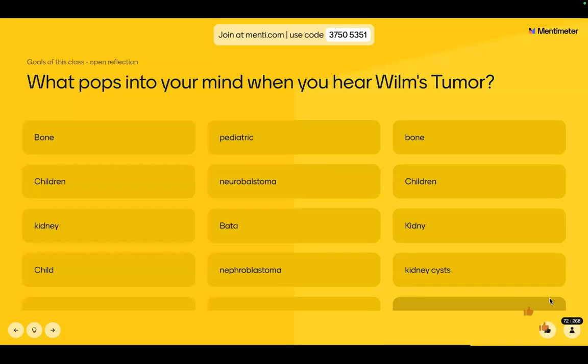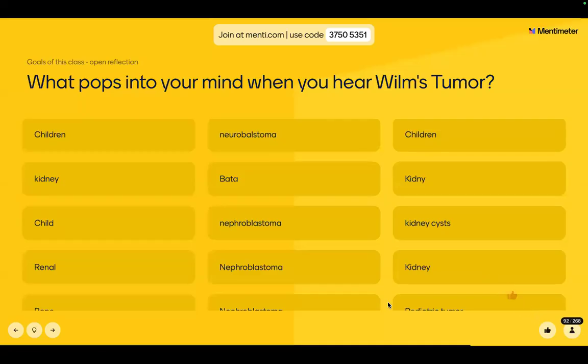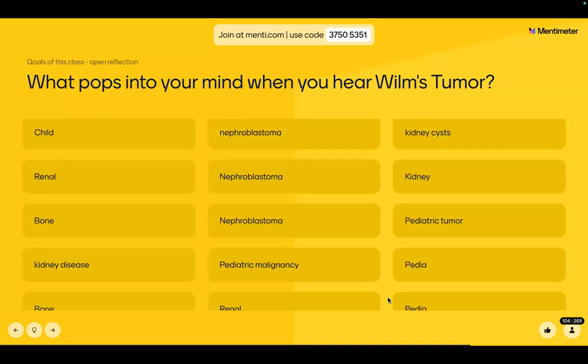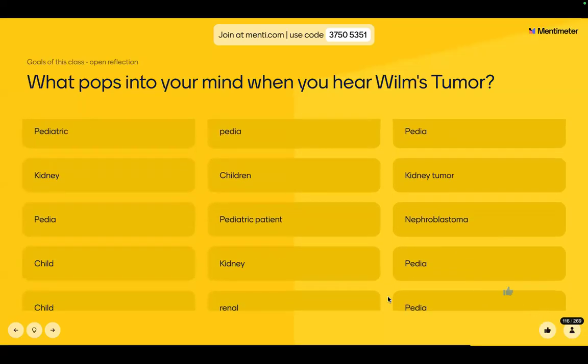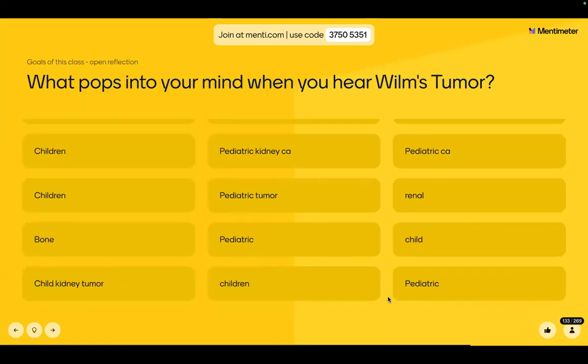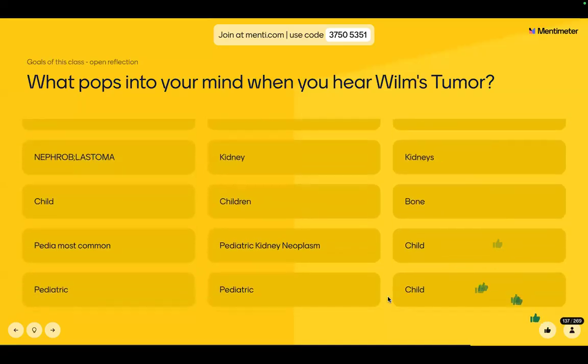This is our survey. What pops into your mind when you hear Wilms tumor? Some people answered bone, pediatric, neuroblastoma, kidney, kidney cyst, pediatric tumor, pediatric patient. Good keywords. Pediatric kidney cancer, abdominal growth, nephroblastoma.